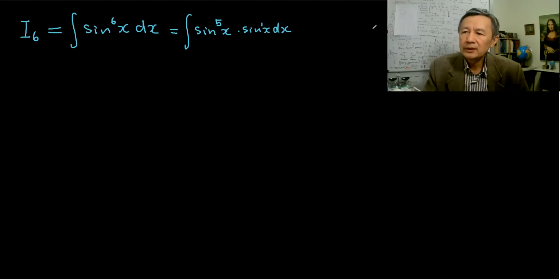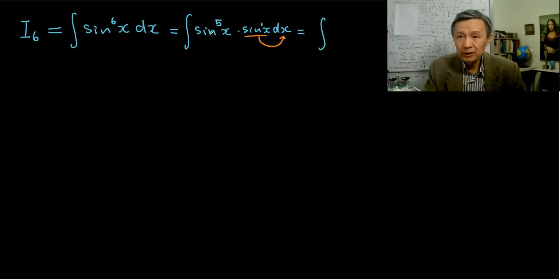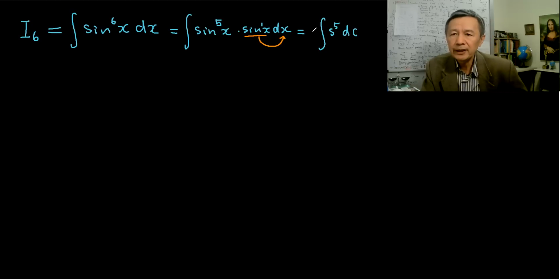Now, more important, I often have to remind you, is that you can put this sine behind the d. How do we do that? We just follow the basic knowledge of the integration of sine and cosine. If we put everything behind, we end up with S to the power 5 times dC, and I have put the negative sign here.